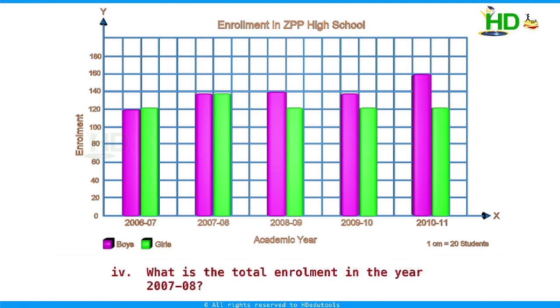What is the total enrollment in the year 2007 and 8? See here, during this year, the number of boys enrolled is 140, the number of girls enrolled is 140, the total is 280.